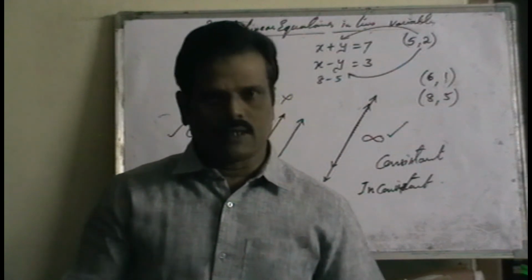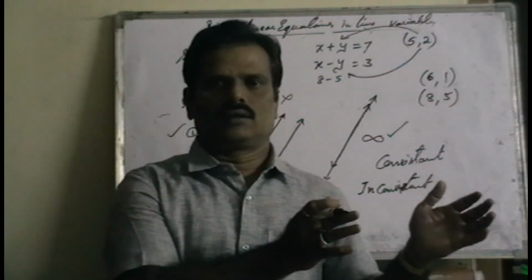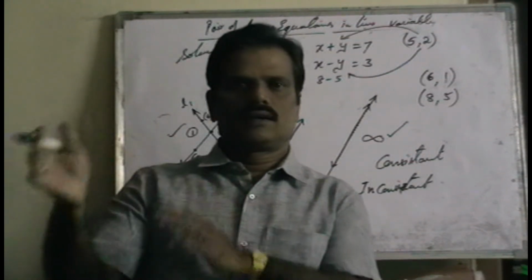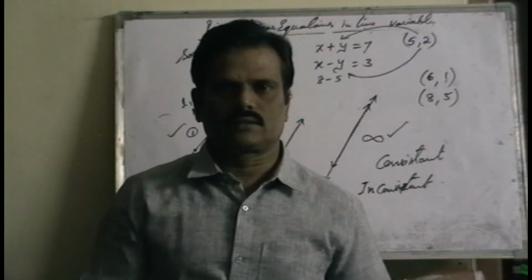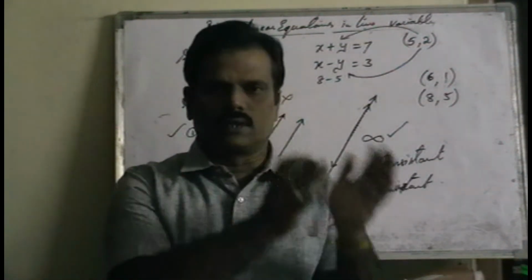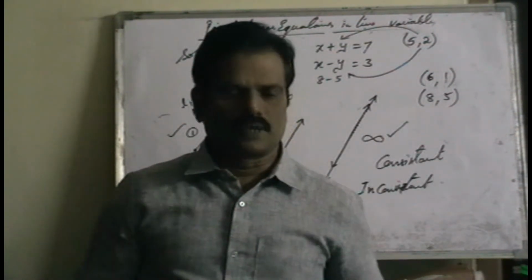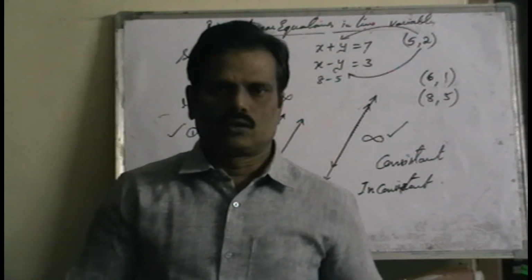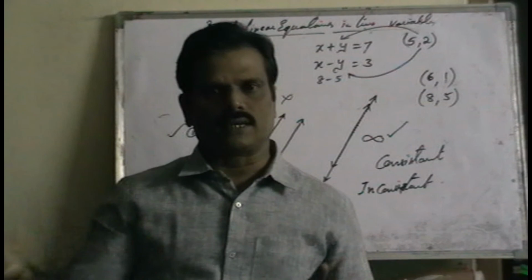Or in a class, the total number of students is 40. That means girls plus boys is 40. But the difference between the girls and boys is 10. Total 40, difference 10. How many boys are there?